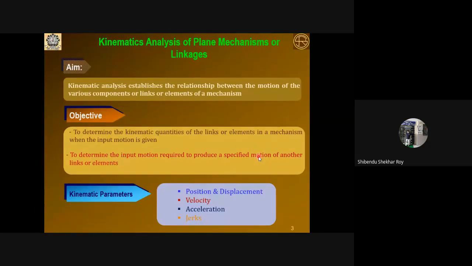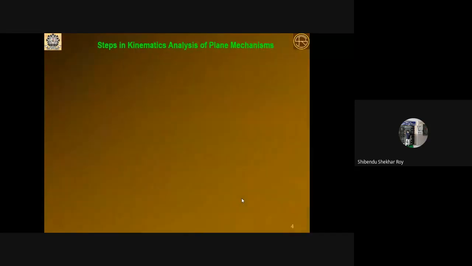Either you find out the kinematic parameters of the other links when the input motion characteristics are given to you, or vice versa, you determine the input motion required to produce a specific motion in another link other than the input link. It may be the output link. And kinematic parameters are position, displacement, velocity, and acceleration.